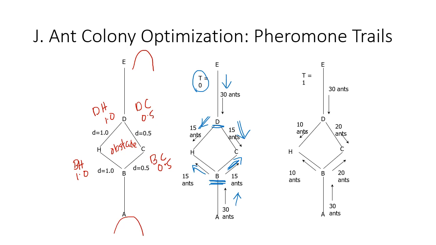At the next timestamp, the 15 ants that went through this path just now would have arrived at B, because remember, the distance of DC and BC are half of DH and BH.